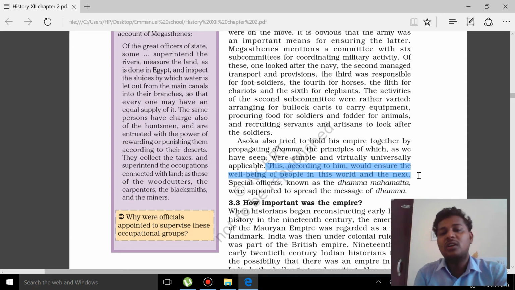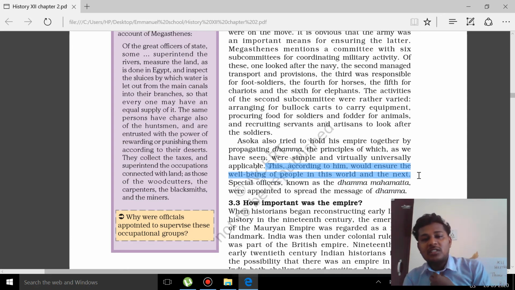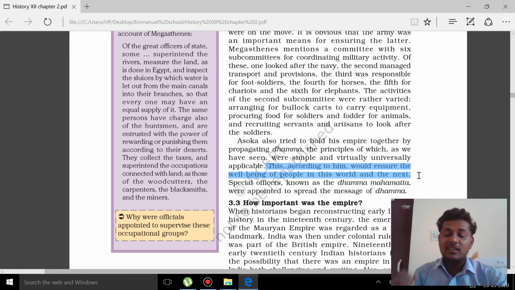If you follow this Dhamma, you will be happy in this world, and you also will go to heaven according to every religious belief के मुताबिक. We will go to the next world, and we will have a very peaceful, comfortable life even after our earthly life. So some special officials known as Dhamma Mahamatas, very important.